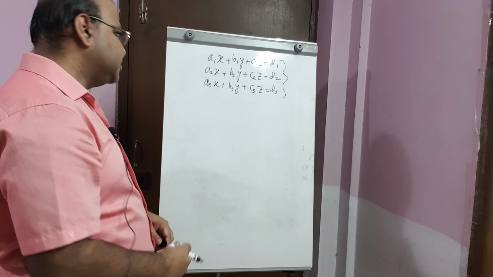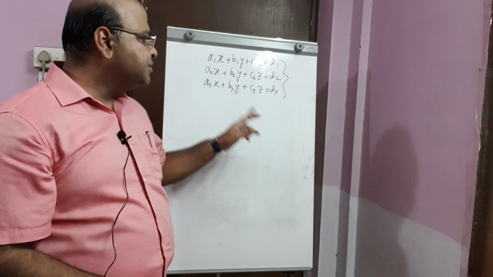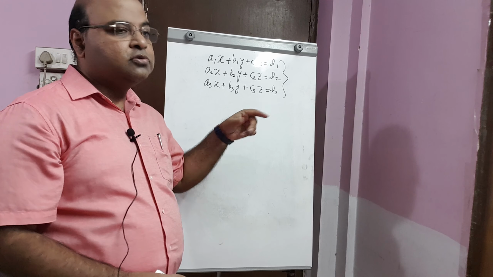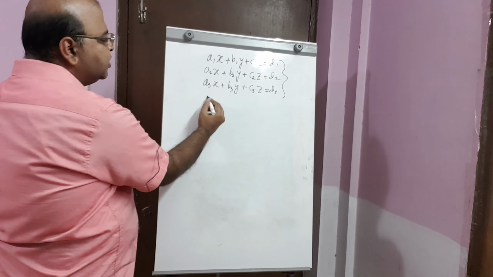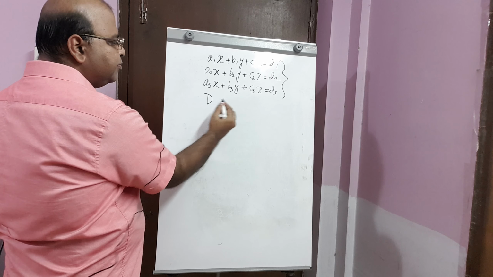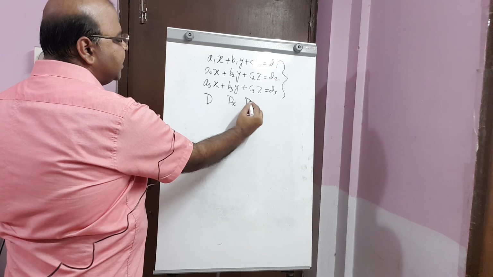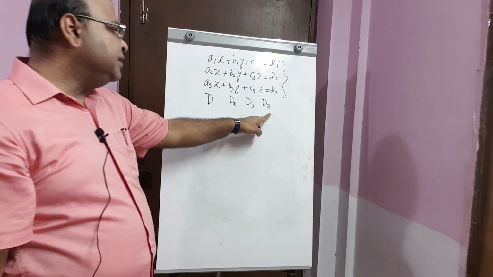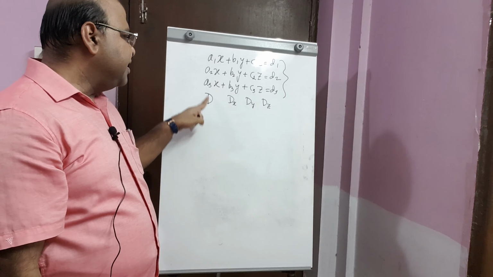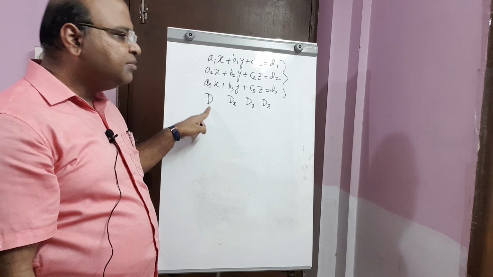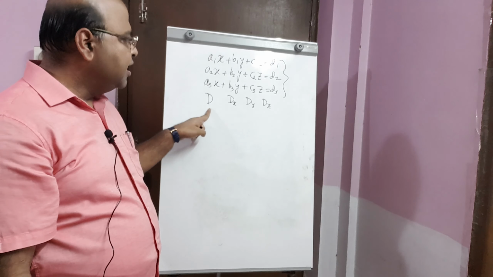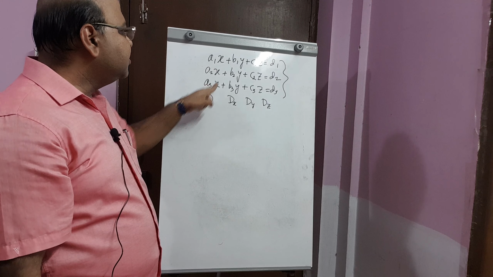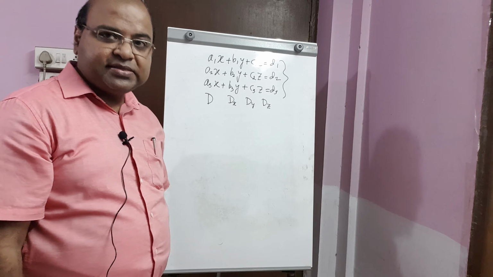And we have already discussed in my previous video how to solve this system by Cramer's rule. If you remember, in that video, you can also check my video, we formed four determinants, namely D, the coefficient determinant, and the other three determinants Dx, Dy and Dz, where Dx, Dy and Dz are formed from D by replacing the first column, second column and third column of D respectively, as the variables x, y and z respectively occur in the first, second and third column of the system.